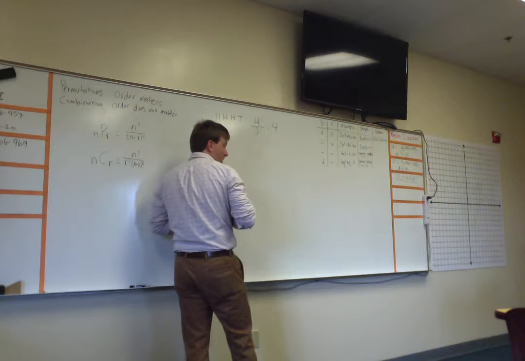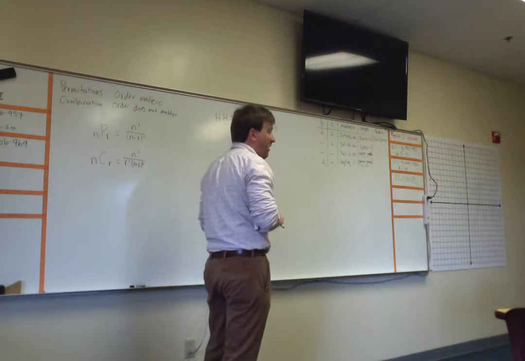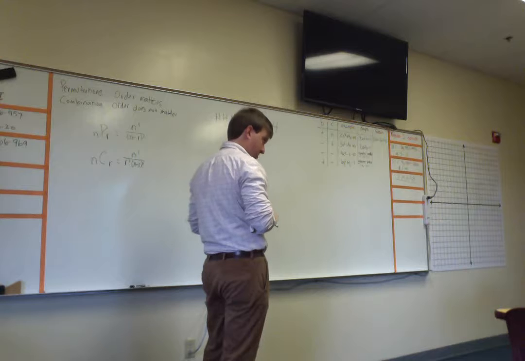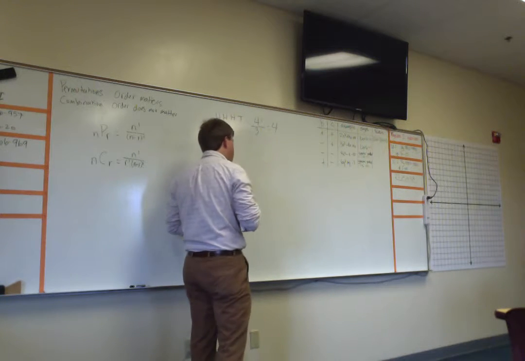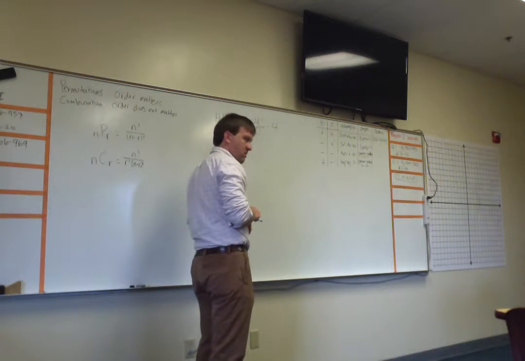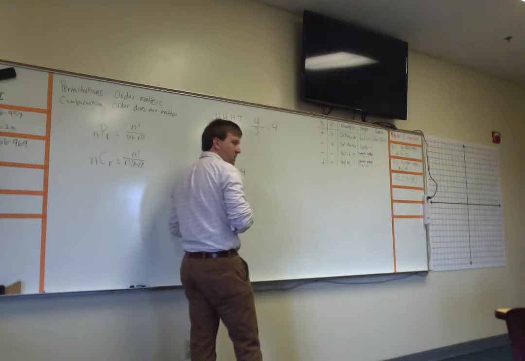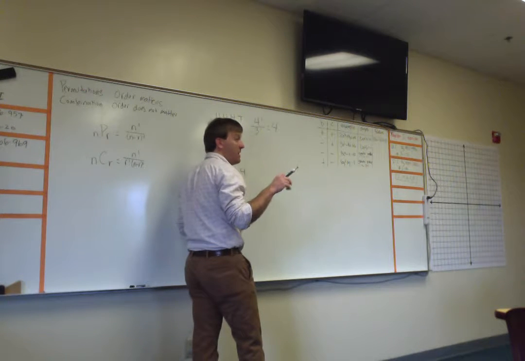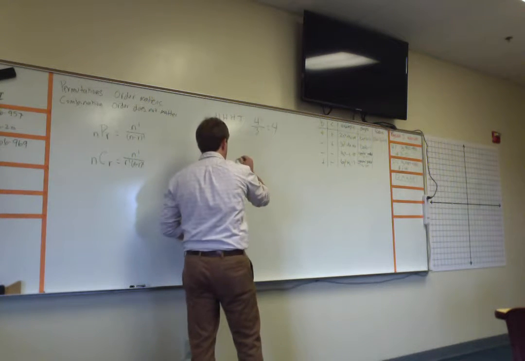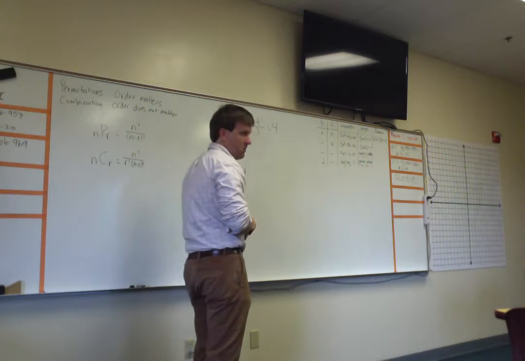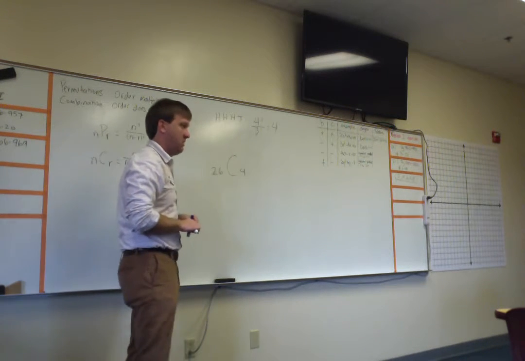Hold on, that would be if we're trying to figure out how all of 26 can be ordered. How many cards are we choosing? 4. Does order matter? No. It's just about how many, not what order they come in. So you guys calculate that for me.